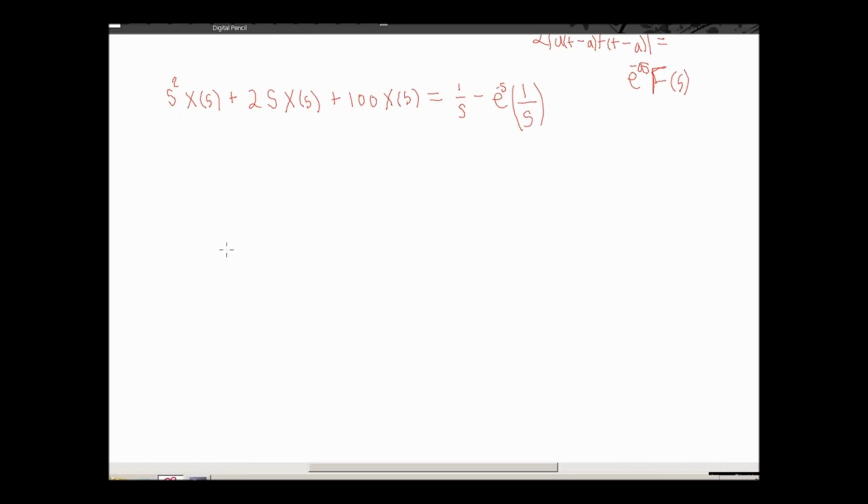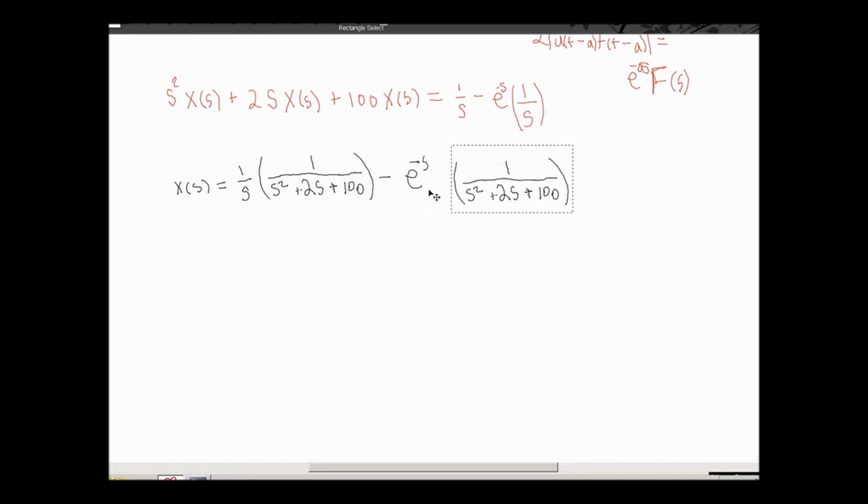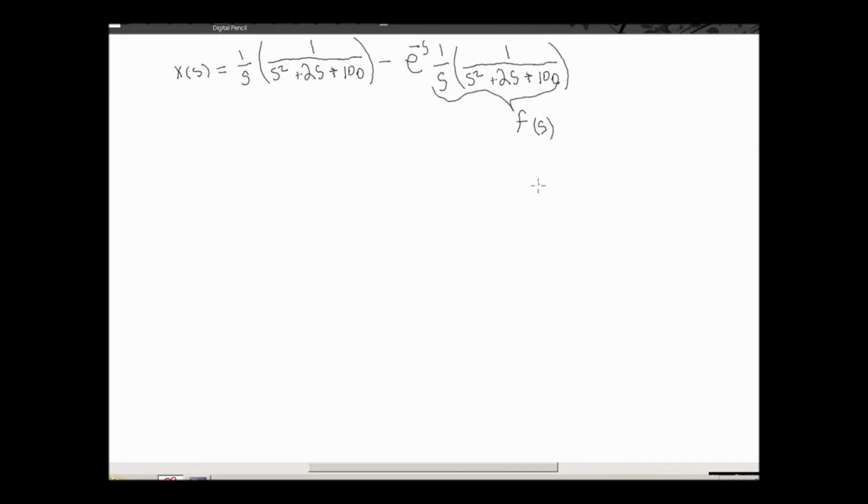Okay, so next we want to put everything in terms of s on the right-hand side. From now on I'm not going to write all of these terms here. I'm just going to write a function of s here, F of s, just to simplify things for myself.